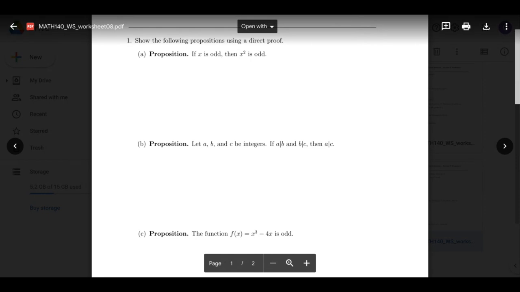This would not be a proof, all right? For a proof, we have to use the definition. What's the definition of an odd number? The definition of an odd number means x can be written as 2a plus 1. We have to use the definition to prove. Using one number is not a proof, all right?